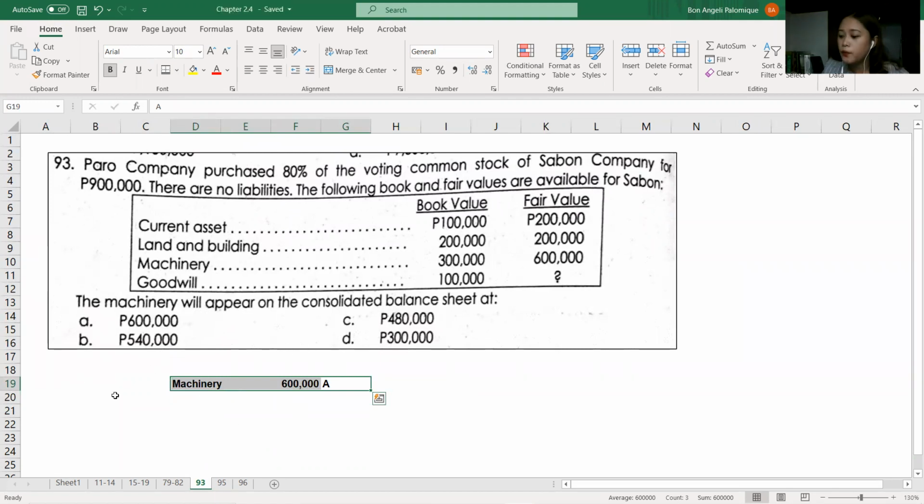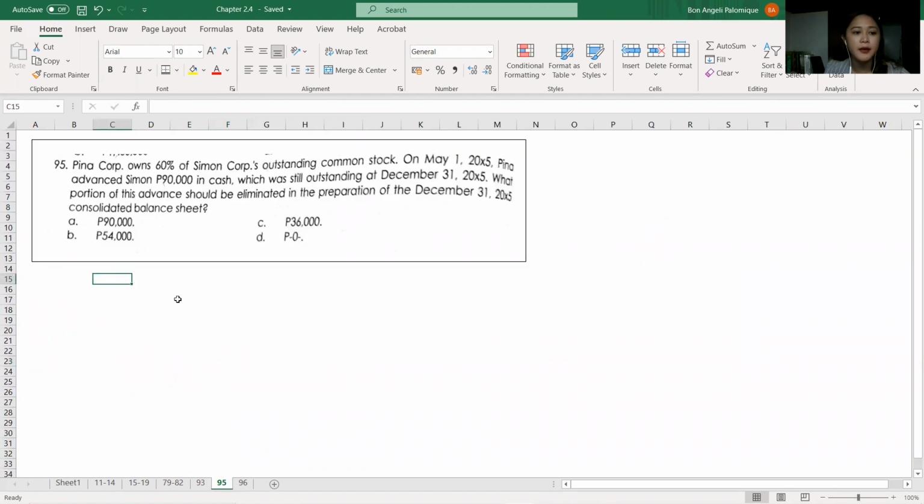Okay, so, next question. Si Pina, binili niya yung 60% ni Simon. On May 1, 20x5, Pina advanced Simon 90,000 cash. Okay. So, si Pina, siya yung parent. Si Simon, siya yung subs. 60% owned siya.